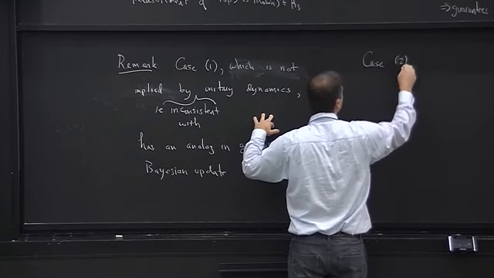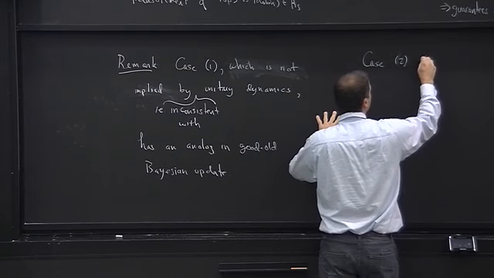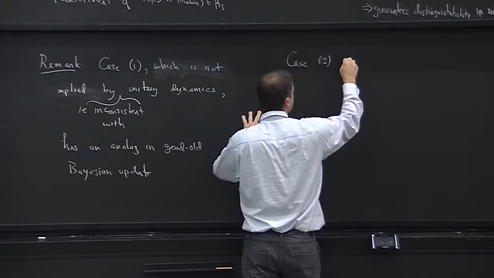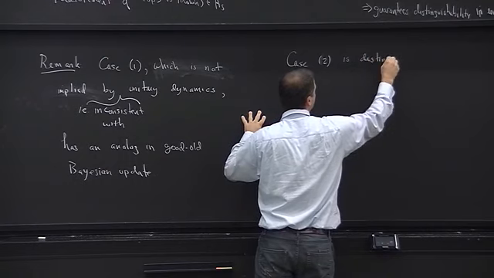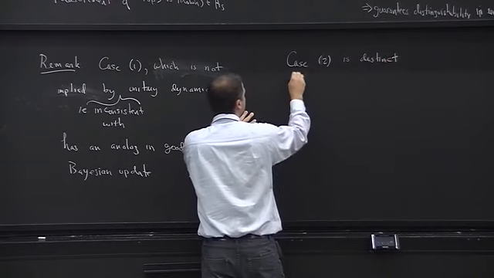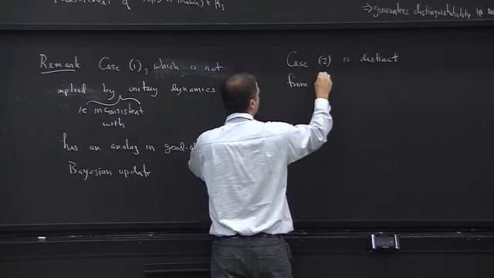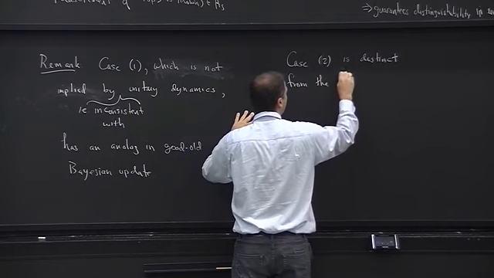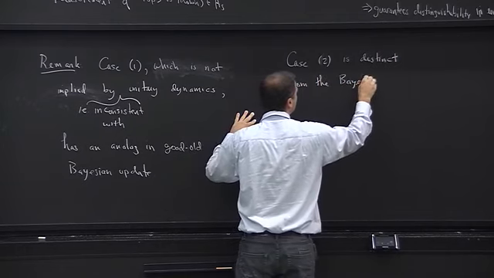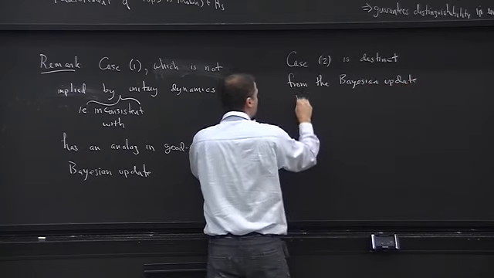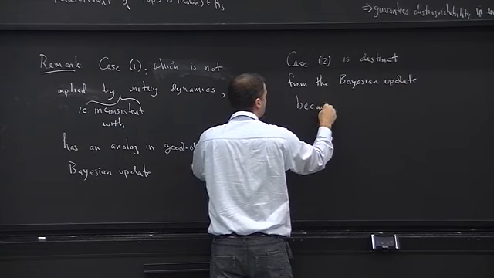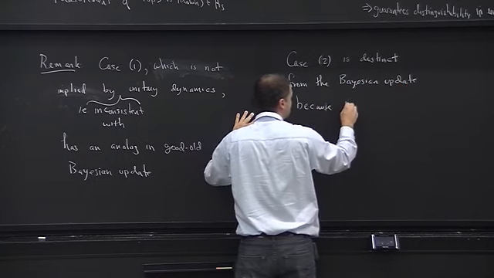Case 2 is distinct from the classical case, from the Bayesian update, because the state is changed.